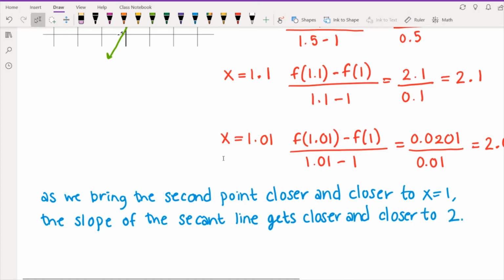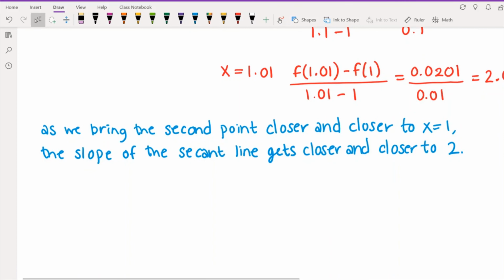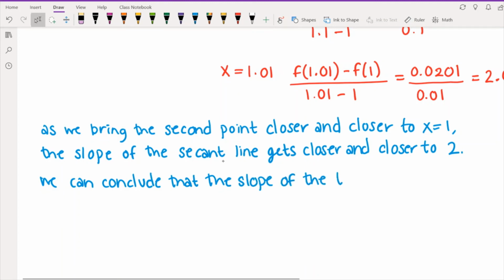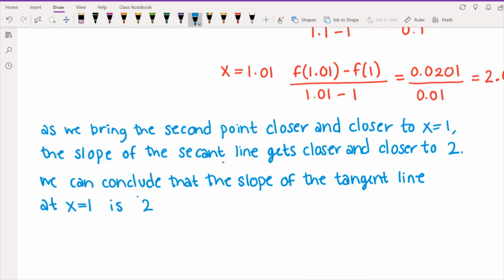So from that, we can conclude, it's a good guess anyway, that the slope of the tangent line is actually equal to 2. So we can conclude that the slope of the tangent line at x is equal to 1 is 2.